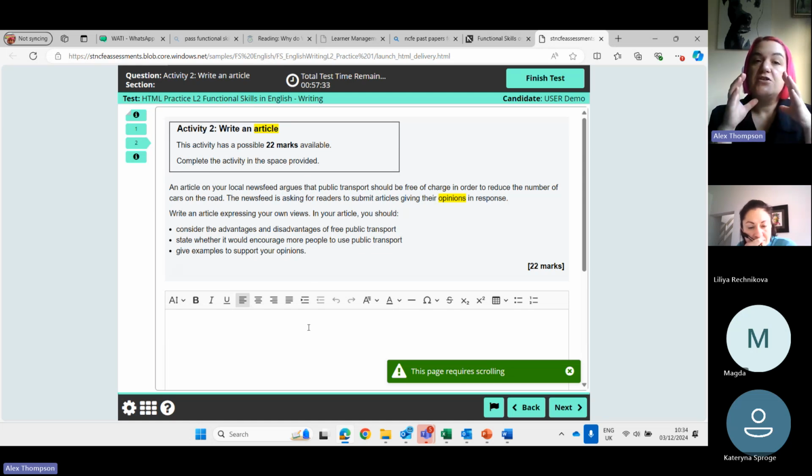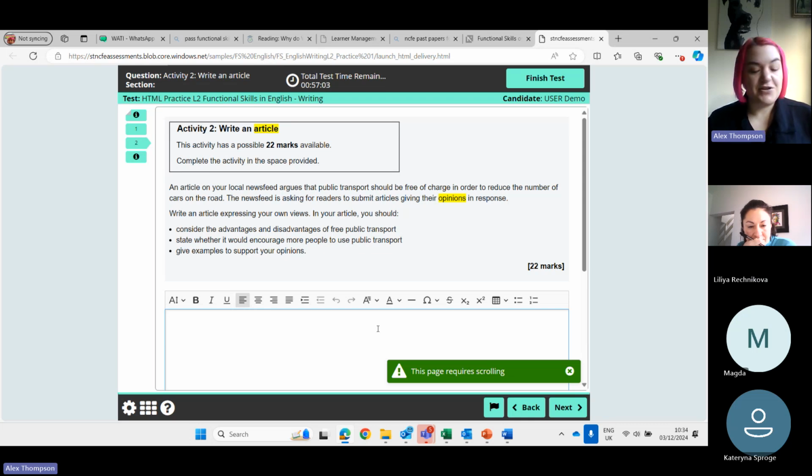So they do try to give you an idea of how they want it to look and the information they want it to include. They also try to give you subjects where it doesn't matter if you have any life experience, because then it's not about whether or not you know the answer to the question. It's about how well you communicate. So you may have absolutely no feelings about public transport.